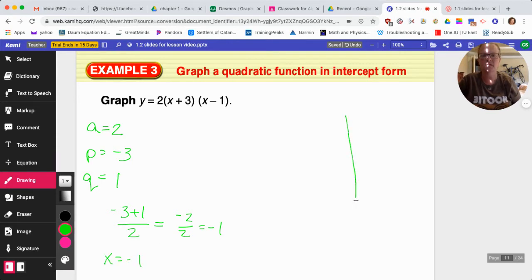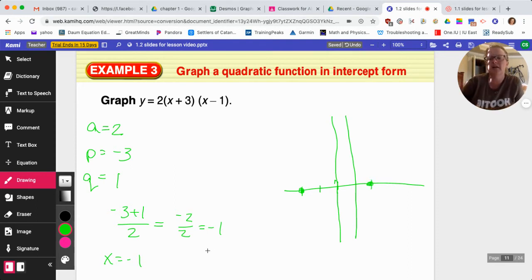So if I were to draw this, -1 is my axis of symmetry. And p is -3. 1, 2, 3. q is 1.